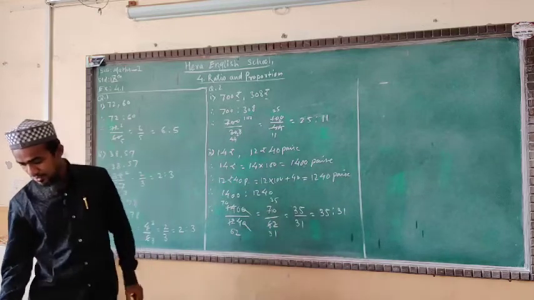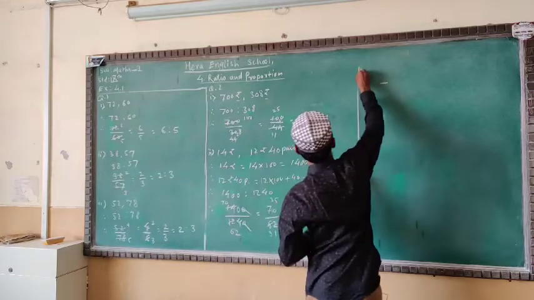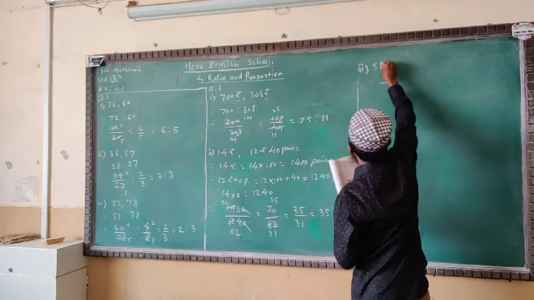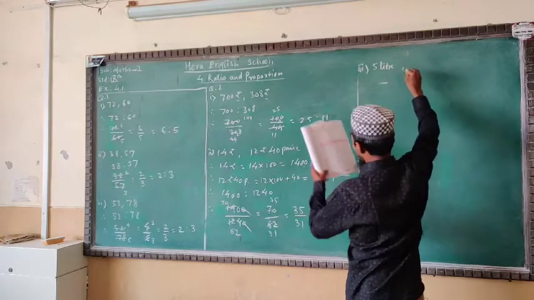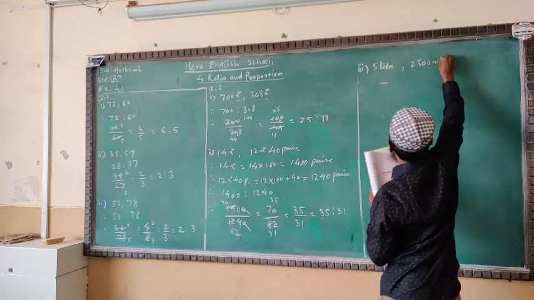Are you getting this one? See, one more question, question number three. We are given 5 liter, then 2500 ml, means milliliter.